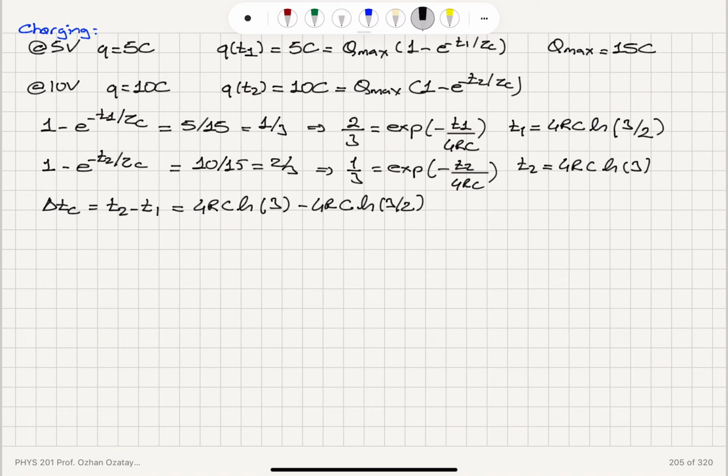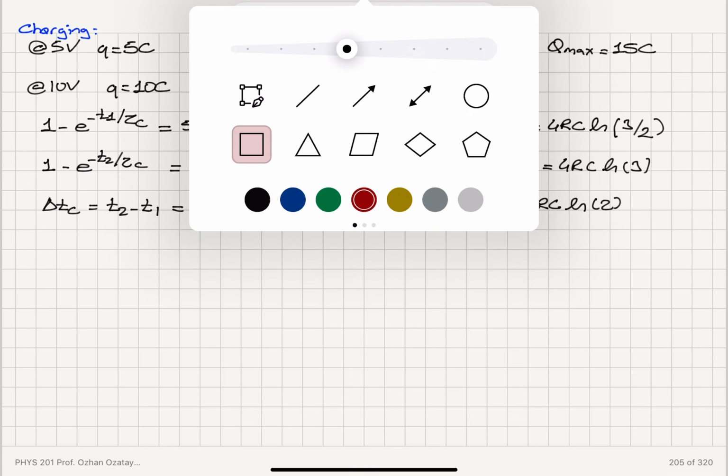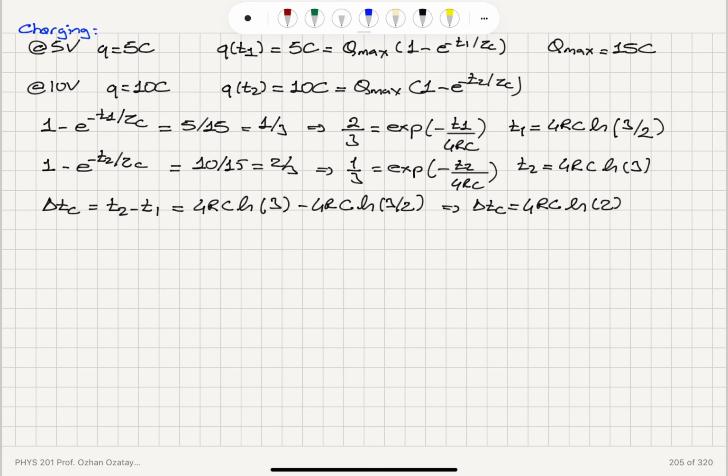And that gives me, for the charging process, a time of 4RC natural logarithm 2. So that's the time that passes during the charging process, 4RC natural logarithm 2.